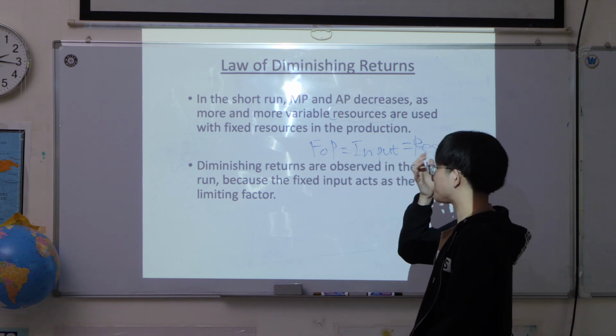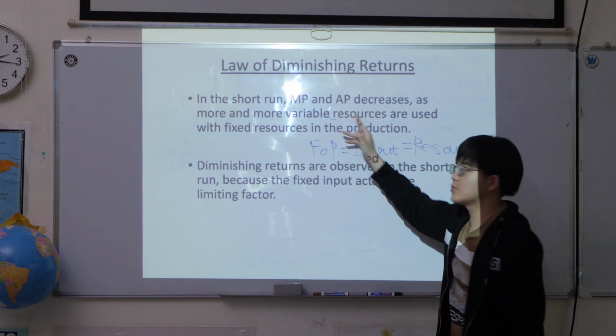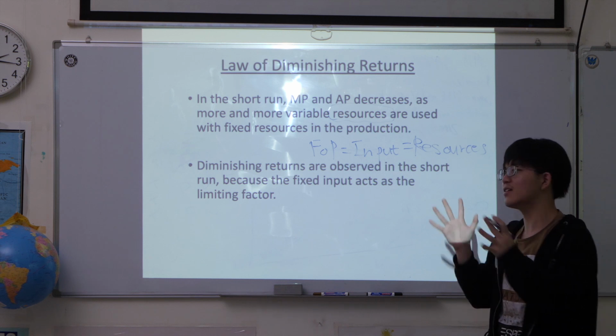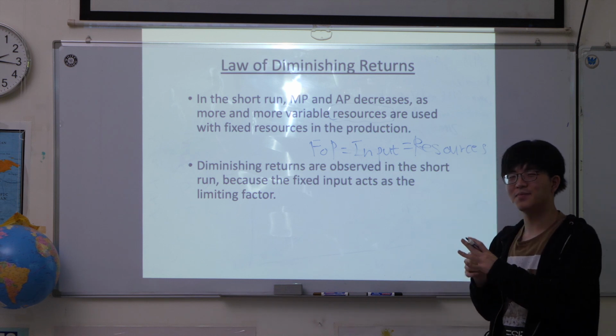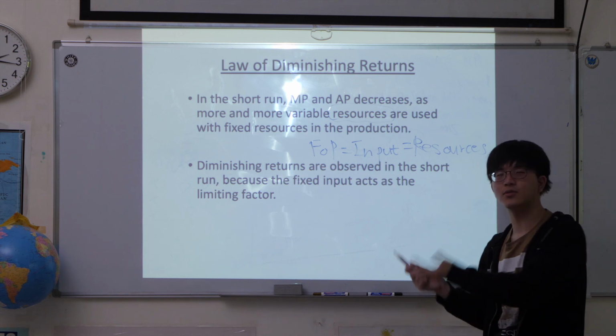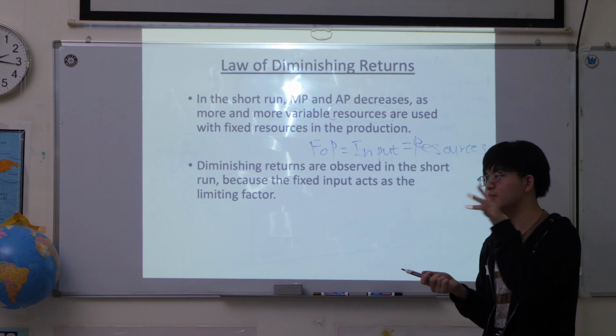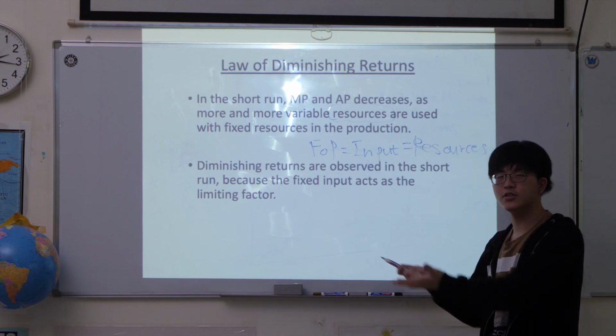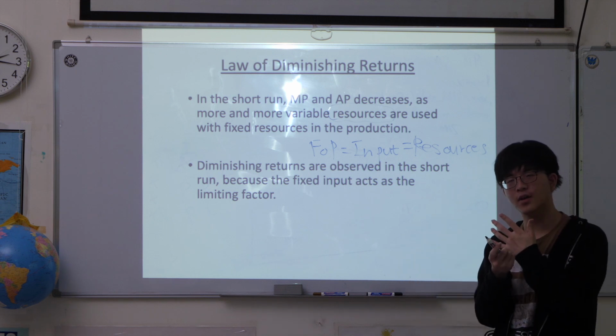Okay, so our variable resources can be changed easily, like labor or capital. We can give unlimited computers to teachers. We can have unlimited students and teachers if we have money.